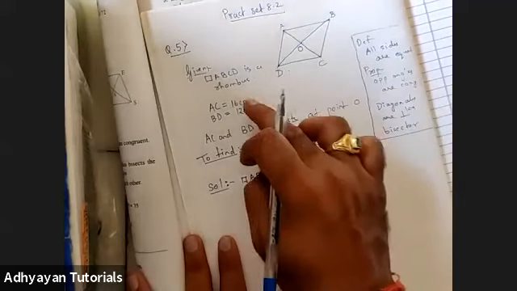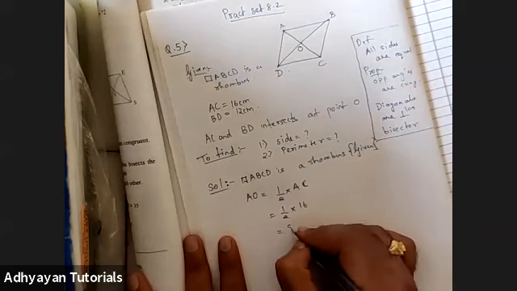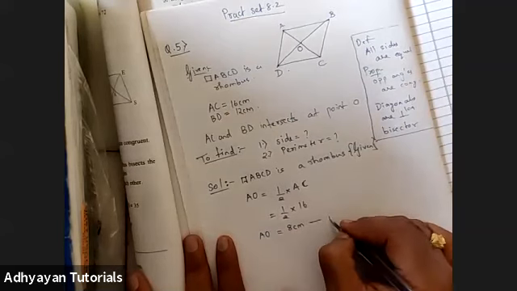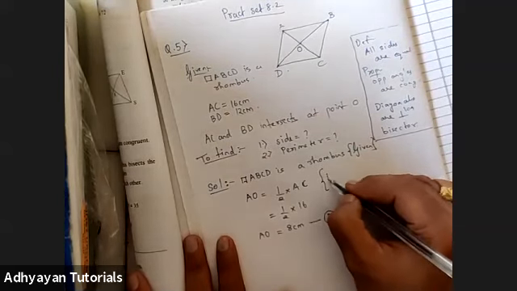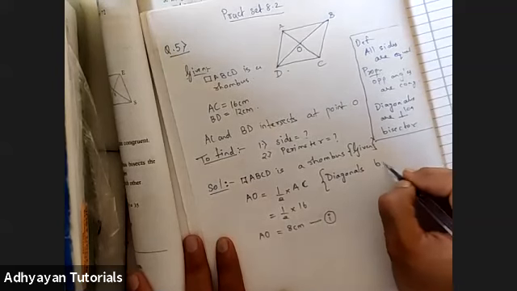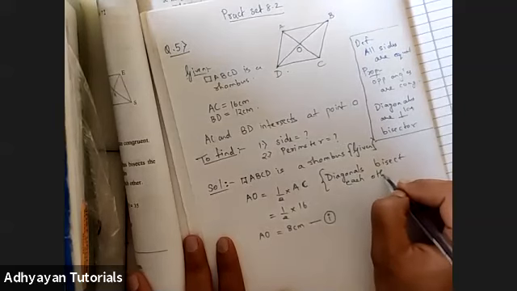The value for AC, children, we have considered it as 16. So half of 16 is 8 centimeter. And we mark that as equation 1. I'll put down the reason here. Diagonals bisect each other.